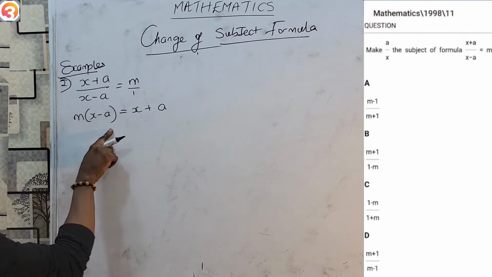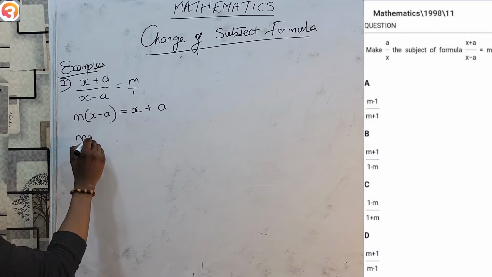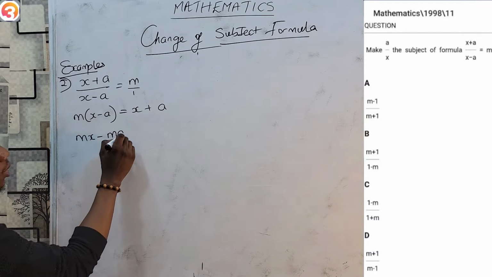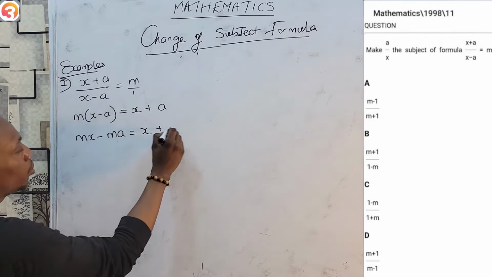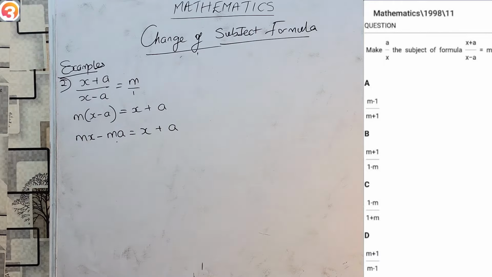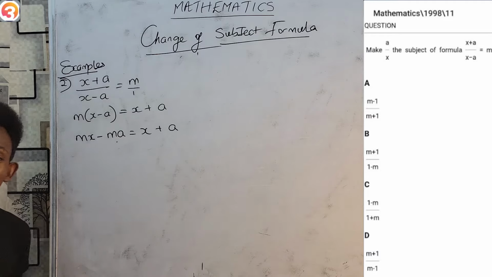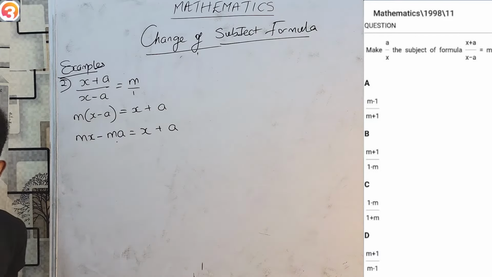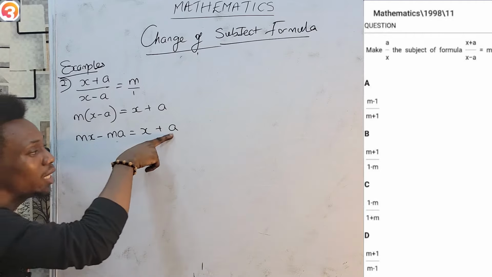Yes. Open this bracket. Mx minus ma equals x plus a. Now you notice in order to have a over something, I have to take every single element of a to one side. So I'm having ma here, I'm having a here.